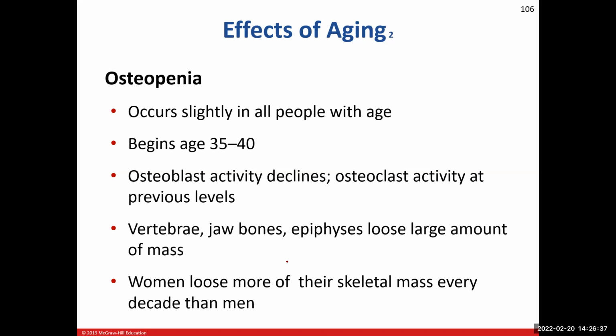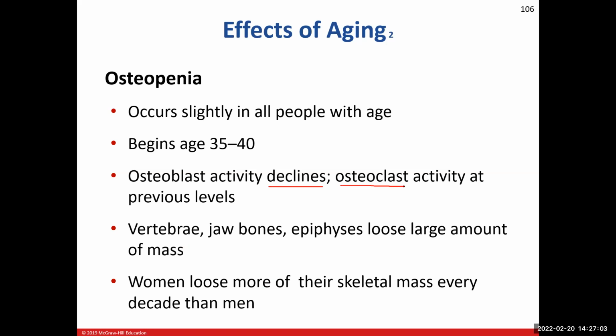But overall, what we'll see is the osteoblasts slow down. They start to decline in their activities. But here's the thing, the osteoclasts keep chugging along. No change for them. So you're laying down less bone matrix, but yet the resorption part of the bone, the osteoclast, hasn't changed.